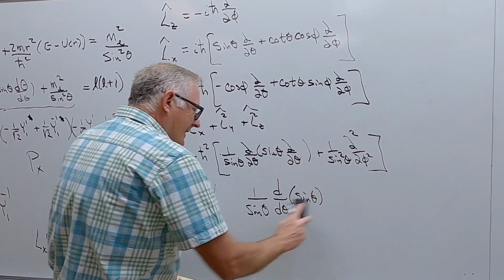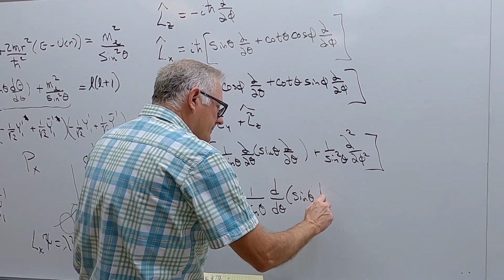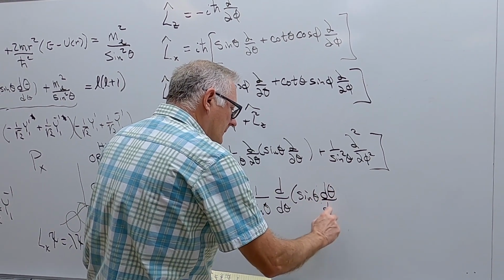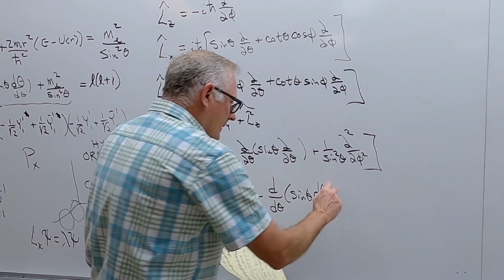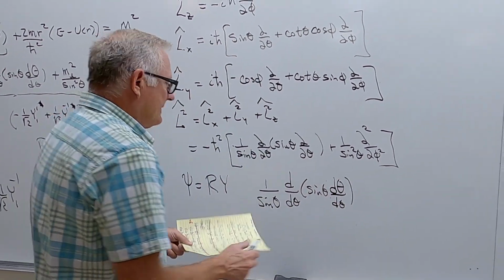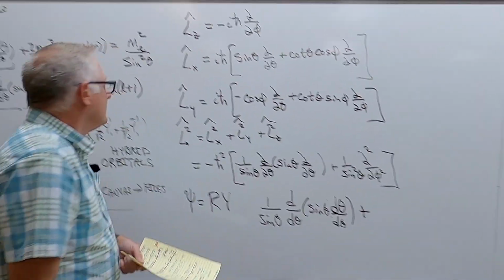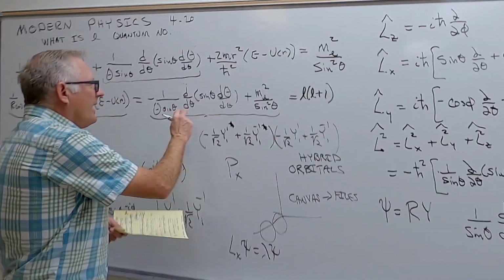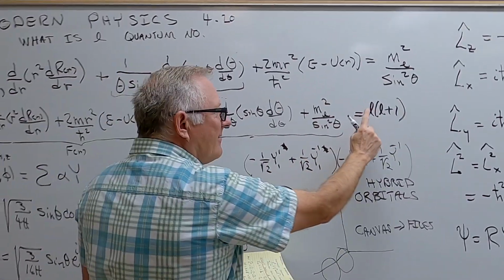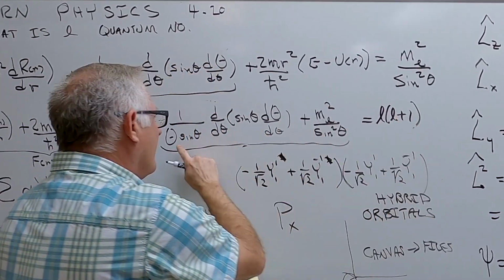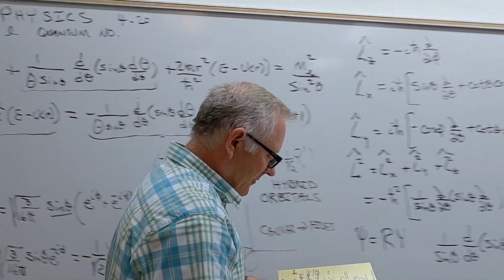Sorry, sine theta, d theta, plus, now again, we put this on the other side. We had the L times L plus 1 times the big theta that we multiplied through.